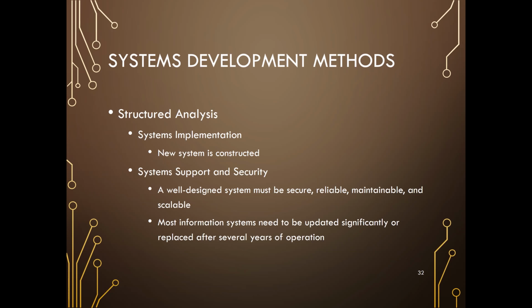After that, the last phase is system support and security. When the system is constructed already, a well-designed system must be secure, reliable, maintainable and scalable. Most information systems need to be updated significantly or replaced after several years of operation, because they might have more requirements, or when the technology changes they need to be updated. Then comes the next cycle, where we start with planning, analysis, design, implementation and support and security once again.